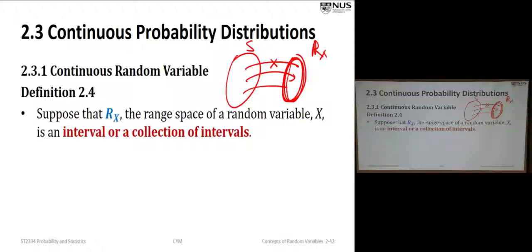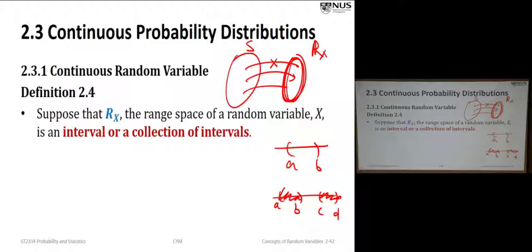This interval can be just like that, or can be from minus infinity up to infinity, or maybe like that, taking just this part and this part. So long as the range of x is not finite and is not countably infinite, then it's considered a continuous random variable.